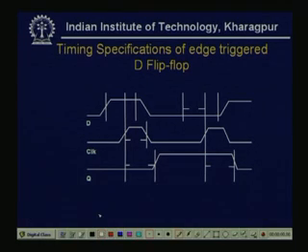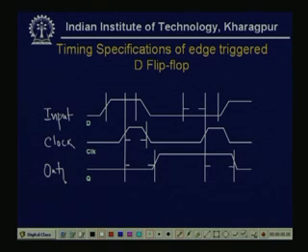First, this is my input line D, this is my clock, and this is the output Q. Now, D changes from 0 to 1.